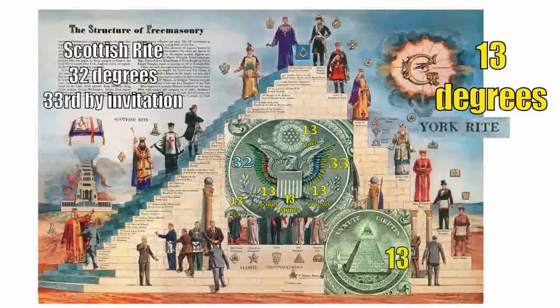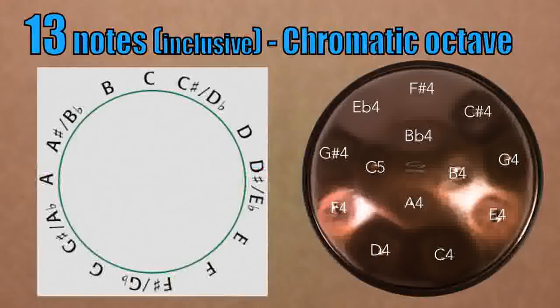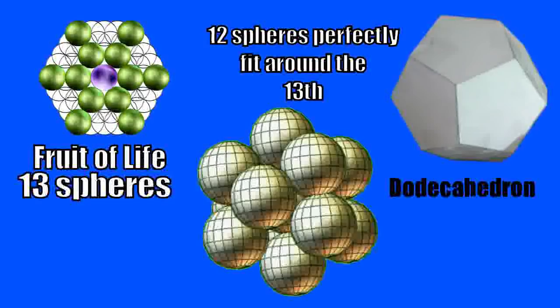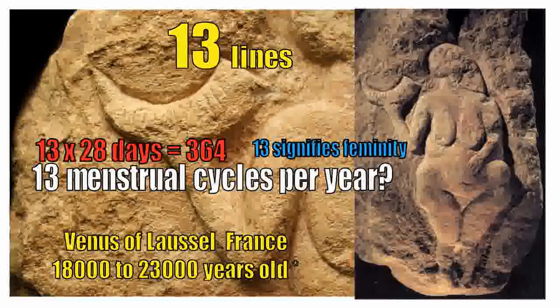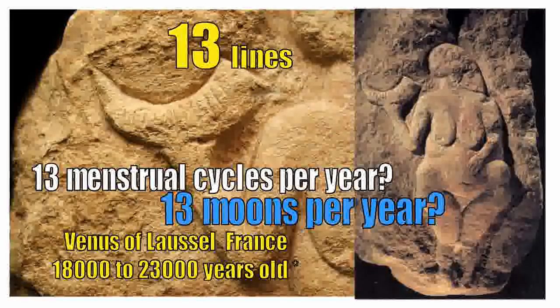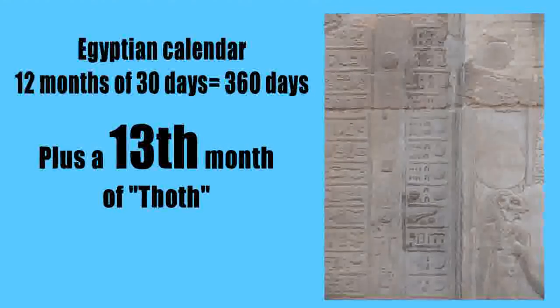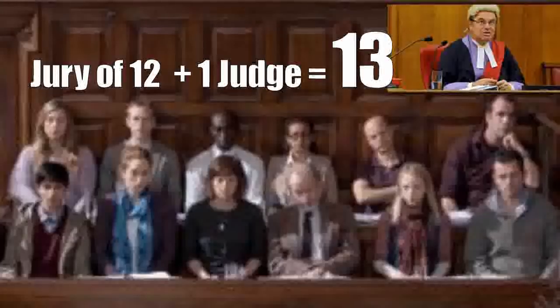For instance, Christianity, Shia Islam, Freemasonry, but also playing cards, music, geometry, and especially fertility and femininity, and that lends to the menstrual and moon cycles as well, which brings us to Egypt, and is also reflected in the Mayan systems, but in the law as well.